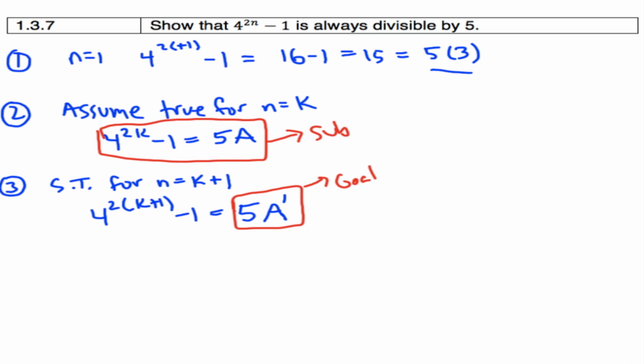Alright, now we can get started. So what I'm going to do is I'm going to come up here to step number 2, and I'm going to rearrange this a little bit. We'll say that 4 to the 2k is equal to 5a minus 1. And this will actually be our substitution. Now this is 4 to the 2k plus 2 minus 1.